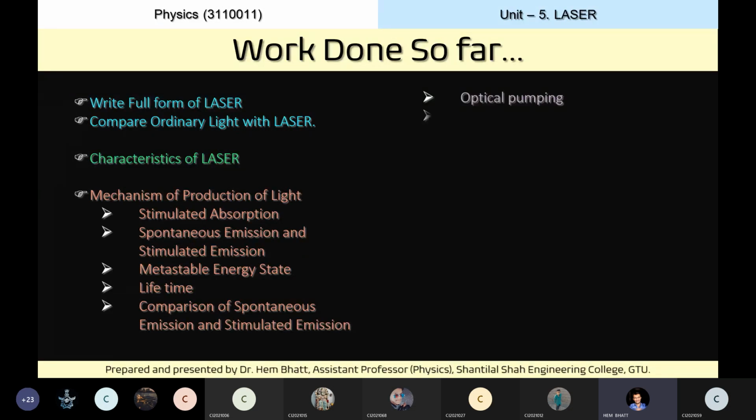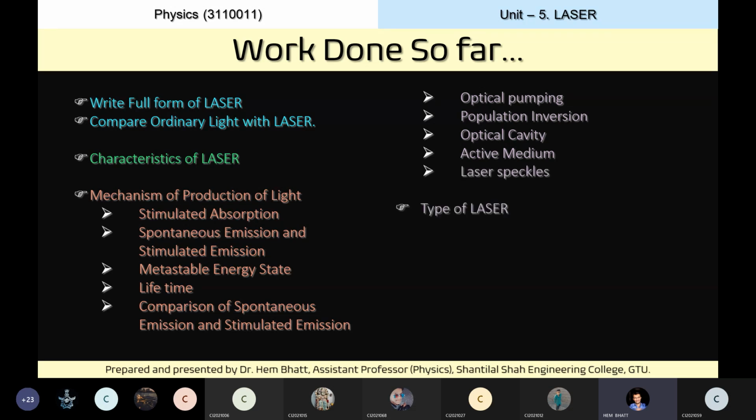Last time we had optical pumping, population inversion, then optical cavity, then active medium, then we had laser speckles, then we also saw types of laser and applications of laser. Okay, so we have this part completed in first lecture. This was our second lecture. In third lecture we discussed this, and last time, that is in fourth lecture, we had this part finished.